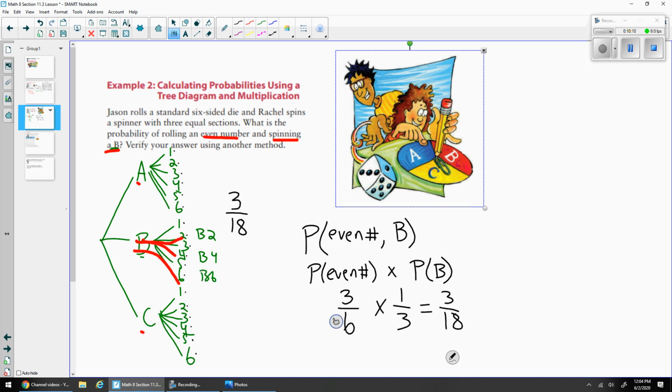Okay, so we got the same answer both ways, but it's a little bit quicker to just multiply the fractions together, I would say.